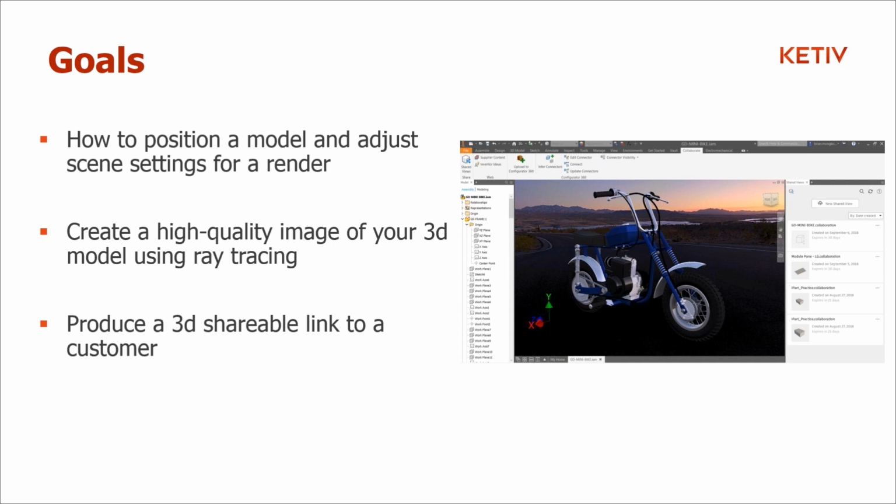Number two, we'll be creating a high quality image of your 3D model using what we call ray tracing. Ray tracing is an algorithm that computer scientists or software engineers created to show the reflectance of what it would look like in real life.